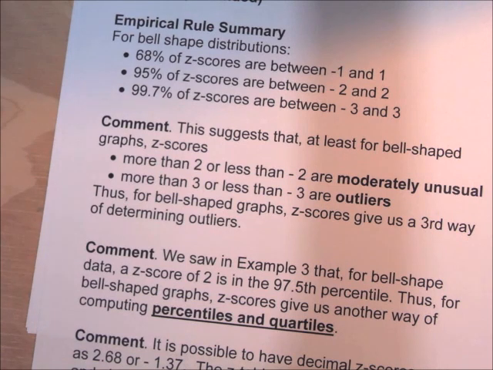And between -3 and 3, it's 89%. If you take additional statistics, if you take Math 251, they may introduce you to that inequality. Chebyshev's theorem is the one that applies there.